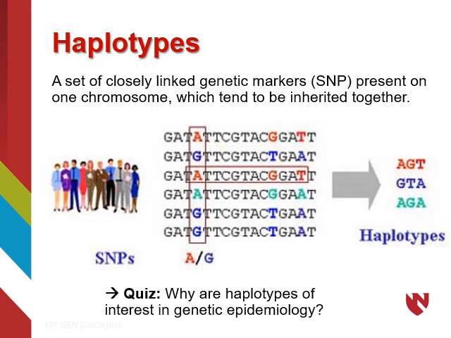Here is a question. Why are haplotypes of interest in genetic epidemiology? Hit the pause button and think about it. The answer is that this may actually be a time-saving and cost-saving opportunity.